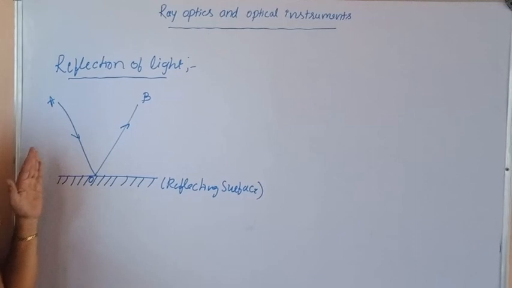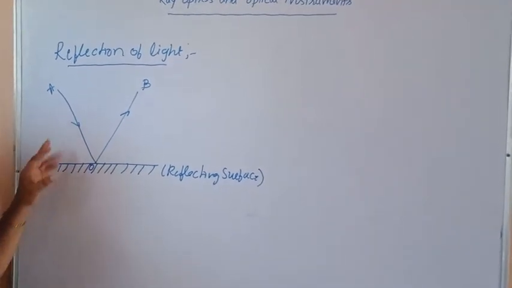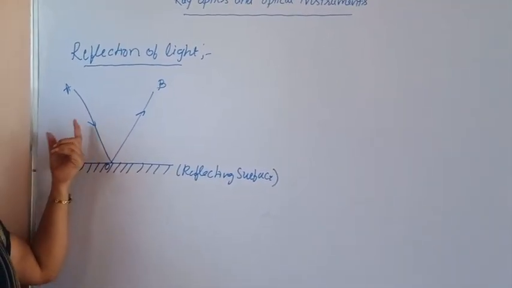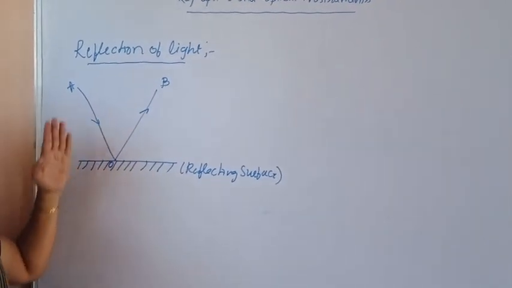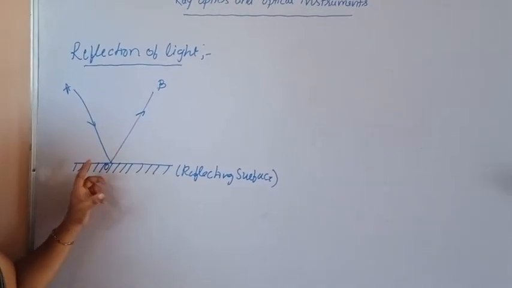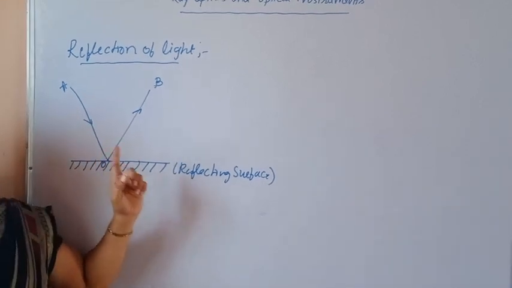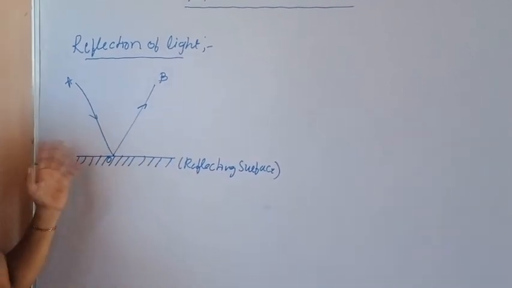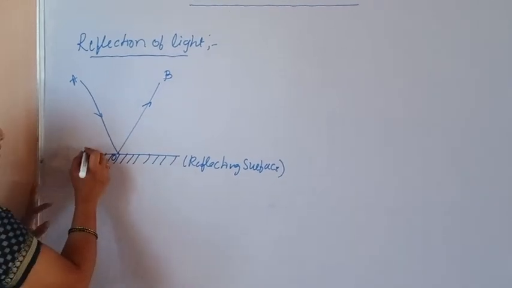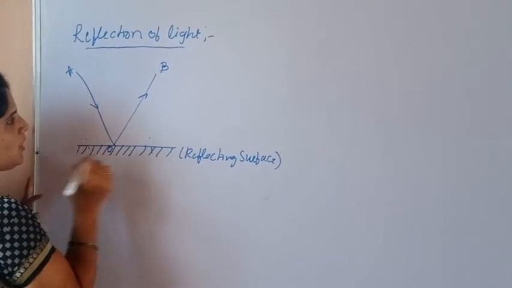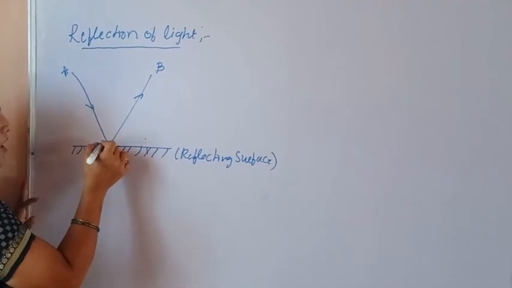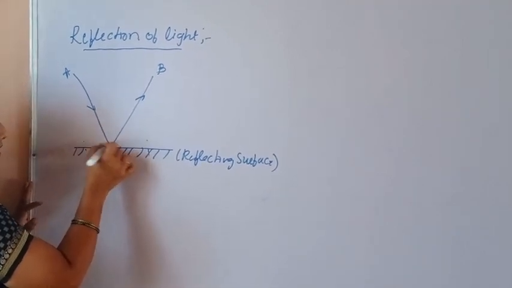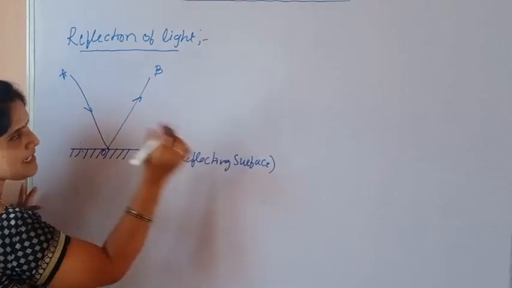For our purpose, to calculate the angle of incidence and angle of reflection, let us draw an imaginary perpendicular line. Where do you have to draw this imaginary perpendicular line? From here or here? No. We have to draw an imaginary perpendicular line at the point of incidence, perpendicular to the reflecting surface.